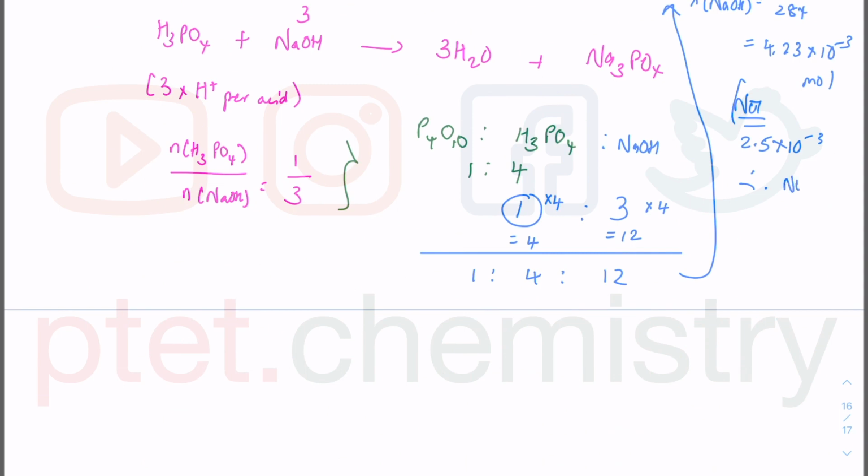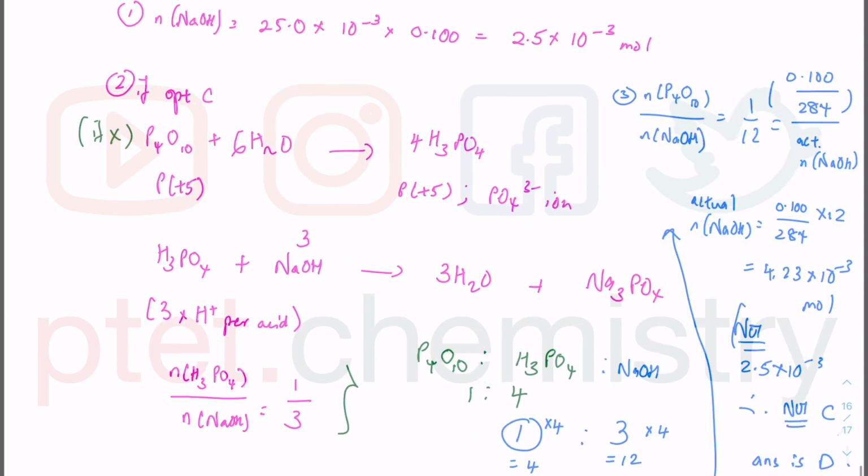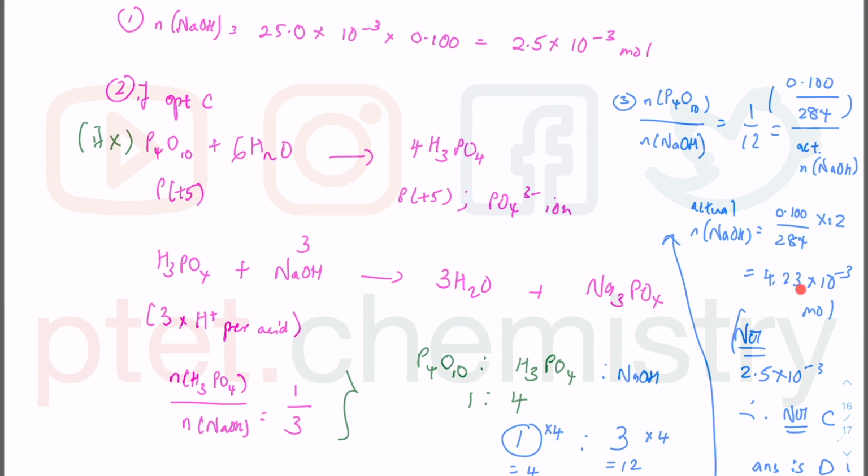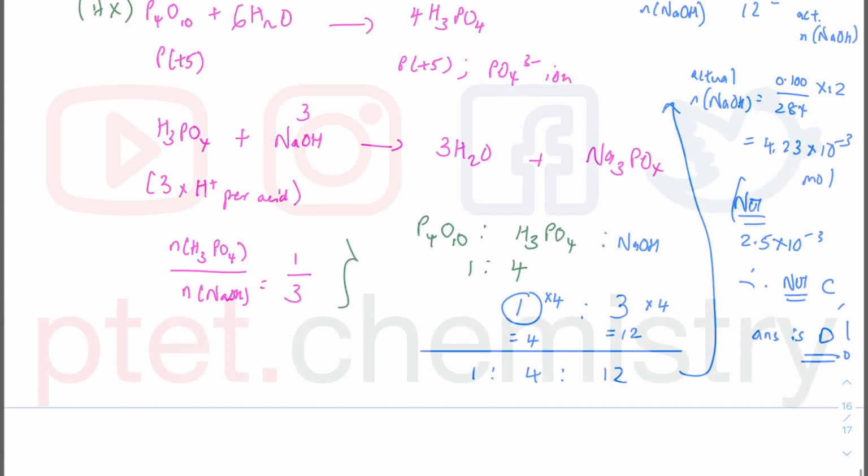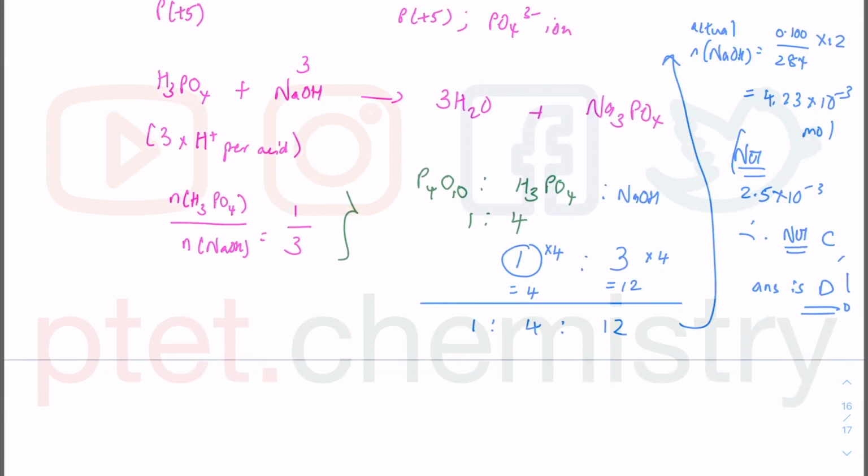Therefore, not C. Answer is D, because I've just hopefully convinced you that C was wrong based on the amount of NaOH that is actually required not being equal, and without having to do the last one because I've done everything correctly for my option C. That means D must be the correct answer if C is incorrect.